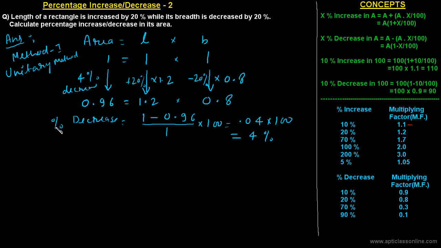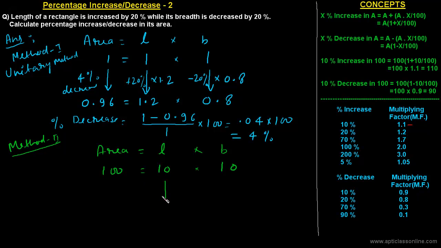Okay, so let's solve this example by another method. Method 2. In this method, same thing, area of rectangle is equal to length into breadth. Instead of assuming length and breadth to be 1, we assume length and breadth to be 10. If length and breadth are assumed to be 10, the area will become 100.